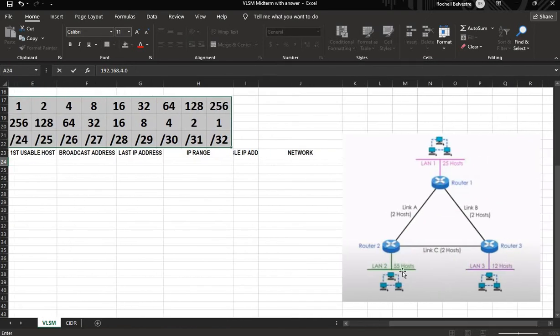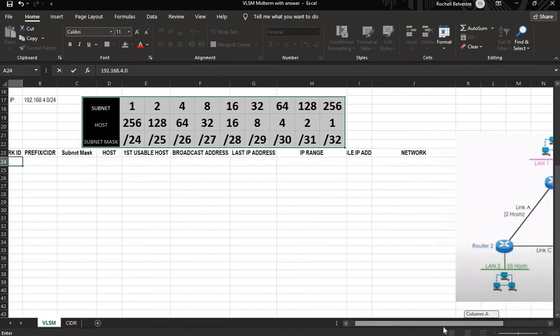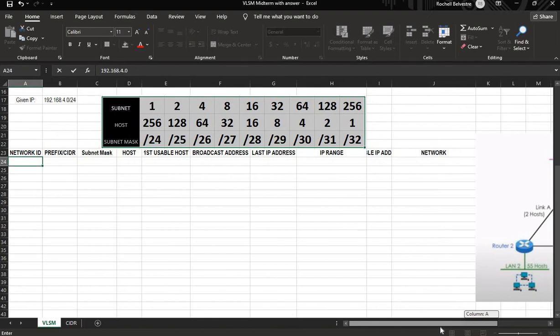We need 55 hosts, which is the biggest network in our requirements, so we need to do the subnetting first here on LAN 2, the 55 hosts.